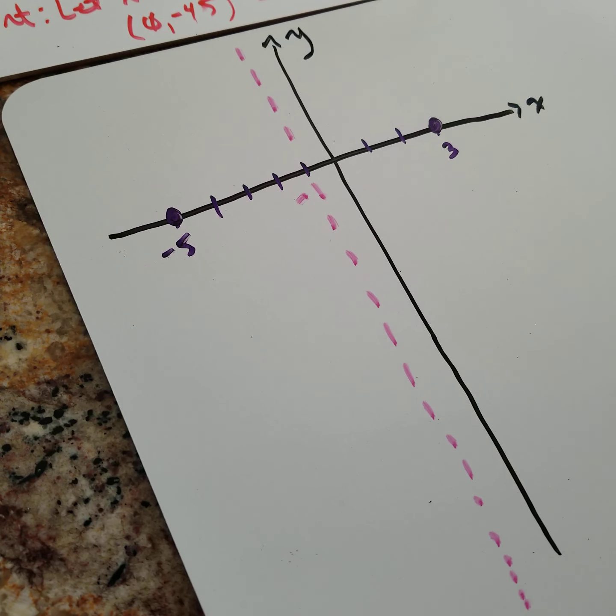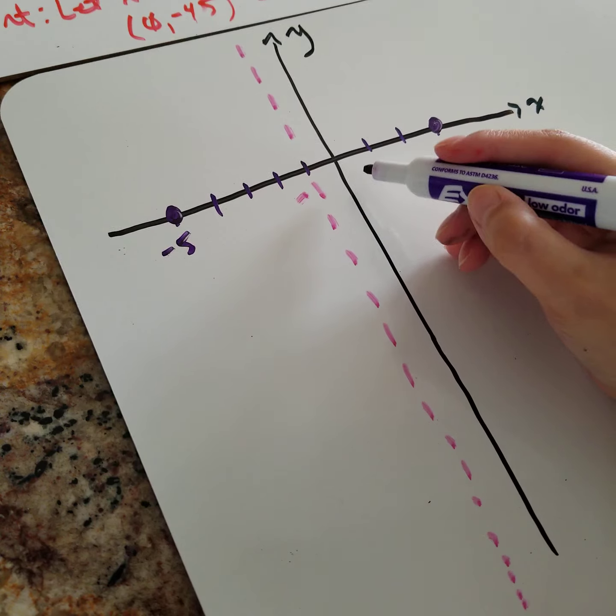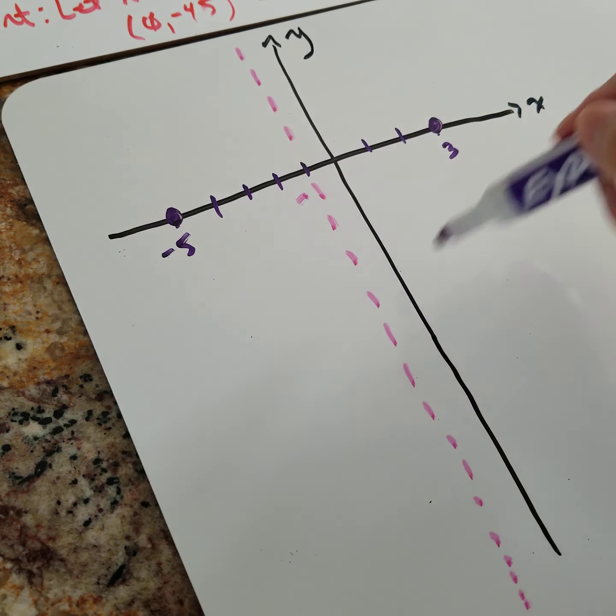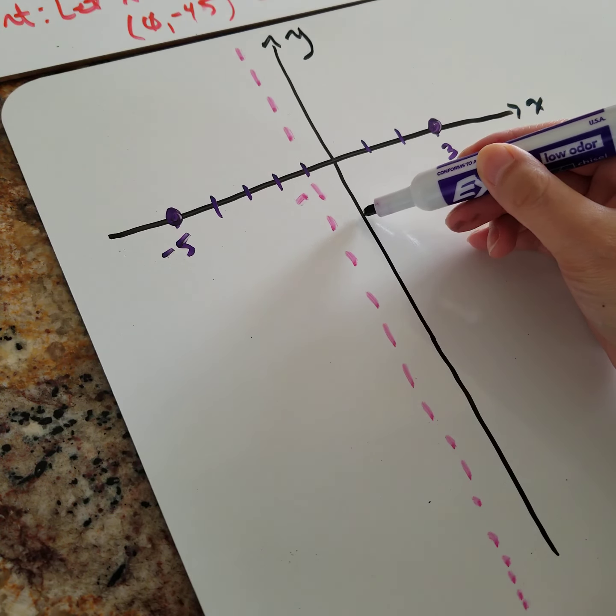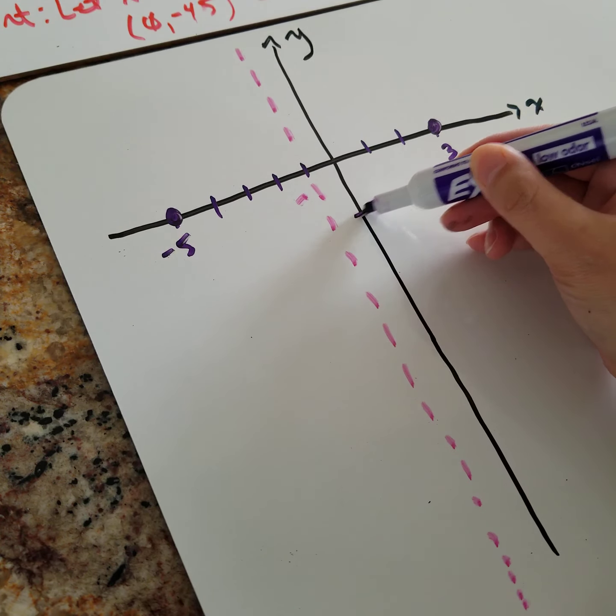So again, we're just going to do a little bit of guesstimating here. This is going up by ones. I'll split this up into 5. So this is negative 10, negative 20, negative 30, negative 40, and then negative 50 would be somewhere here.